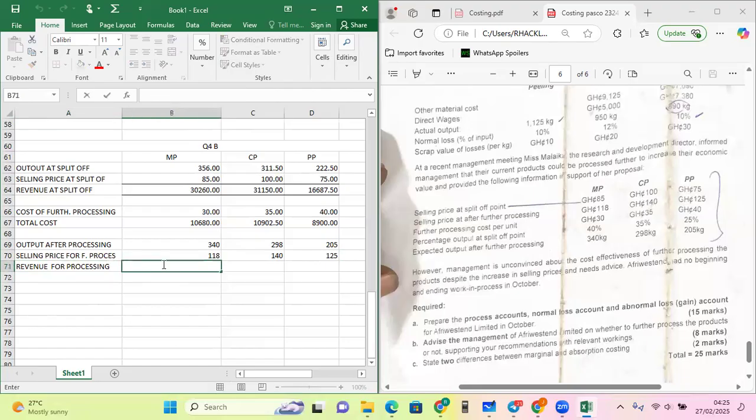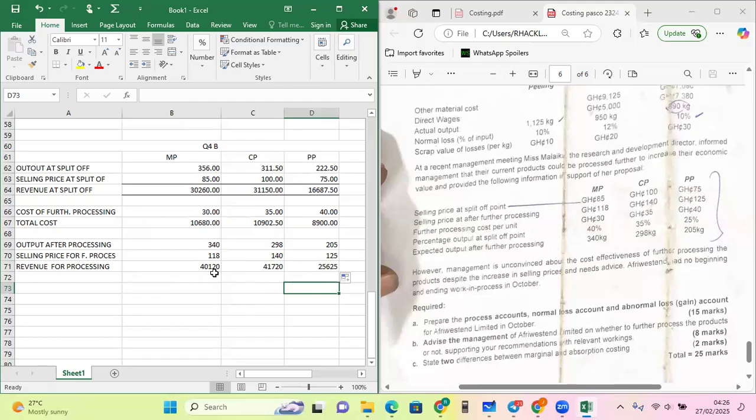It should be equal, as usual, this times this. So this is it here. This is the revenue we are going to get after that.